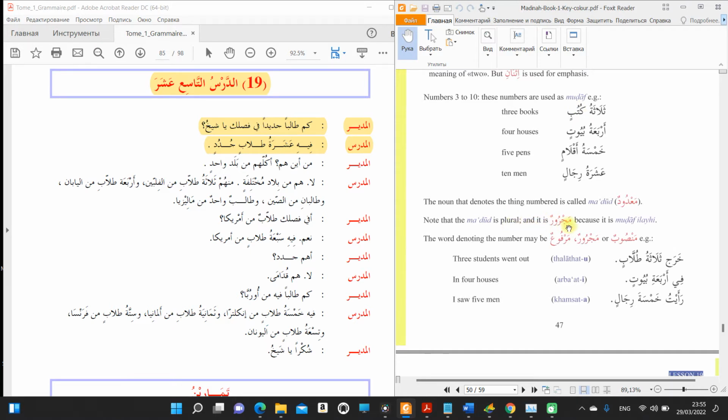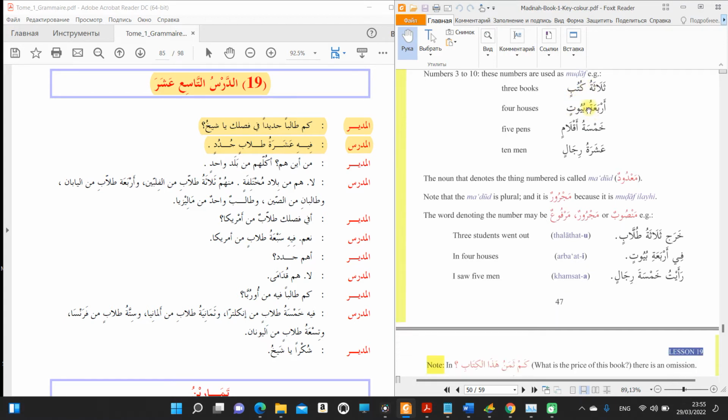And it is مجرور because it's مضاف إليه, just as I said earlier. مجرور means it takes kasra in 95% of the cases. The exceptions will come later. So it's not ثلاثة كتبان أو ثلاثة كتب, but it's ثلاثة كتب. That's how it is.